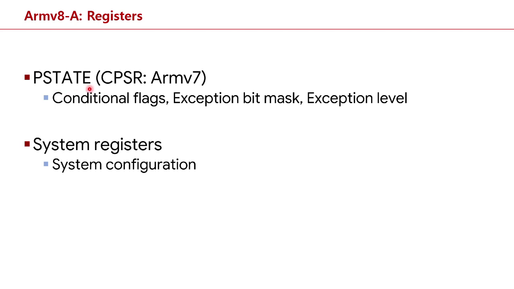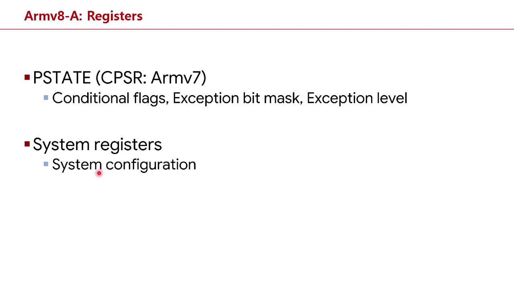The p-state contains various bit fields that include exception level, exception bit masks, and condition flags. The important thing is that in order to access the p-state, we need to use the system registers. Only through the system registers can we write a value to the p-state. For example, if we want to see the exception level from p-state, we need to read the value of the CurrentEL system register.